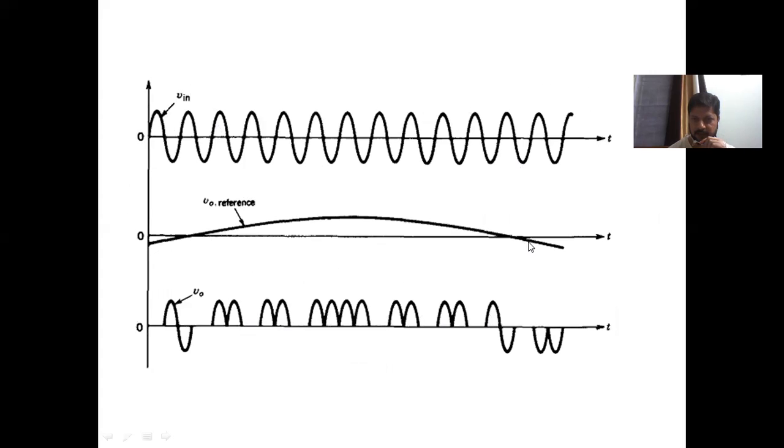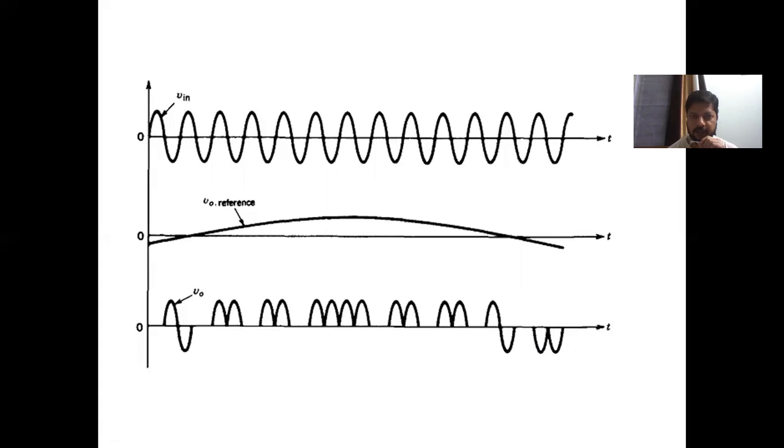And when the reference voltage is negative, or you want the output voltage to be negative, you are turning on the switches in such a manner that the output voltage is negative. You can introduce zero voltage segments in between to control the magnitude of the output voltage. So this is what is called an integral half cycle resonant DC link converter. I think the name is self-explanatory.